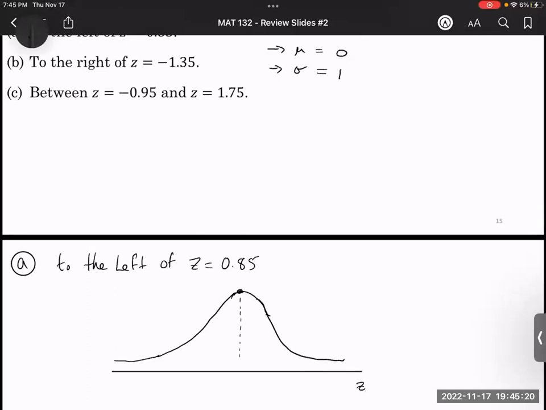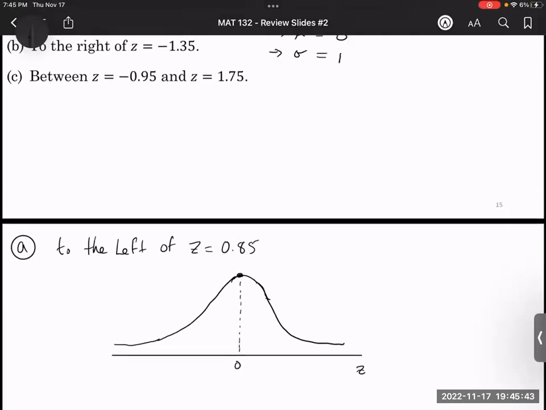At the center you have your mean, which is 0. So where is 0.85 located, to the left of 0 or to the right of 0? Not left, it has to be right. We do have to shade the region to the left, but all I asked was where the Z value is located.